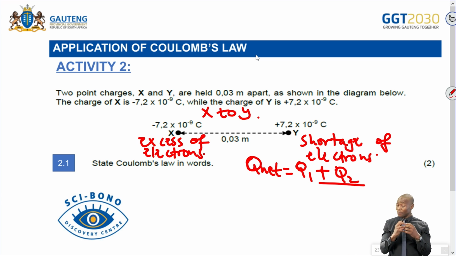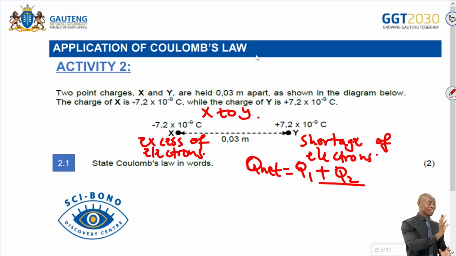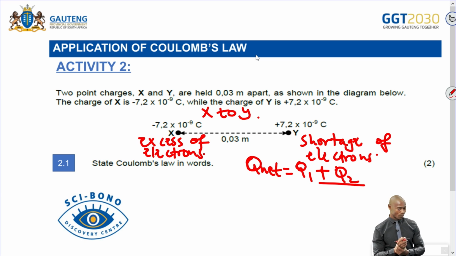Because according to the principle of conservation of charge, the net charge of an isolated system remains constant. How do we calculate net charge? This is just grade 10. It is just the sum of those charges, so Q1 plus Q2. So before contact, if it's 5 coulombs, it will be 5 even during contact and even after contact. It remains the same. That is the principle of conservation of charge.